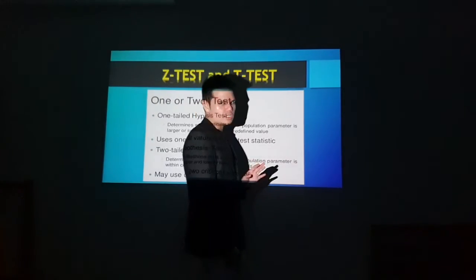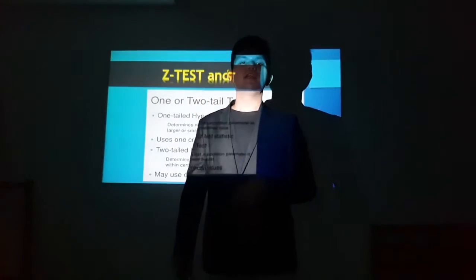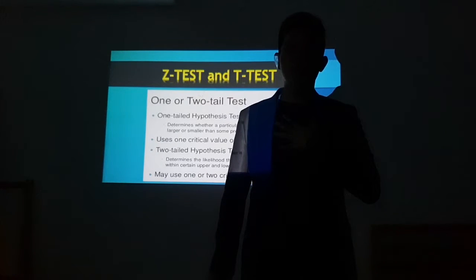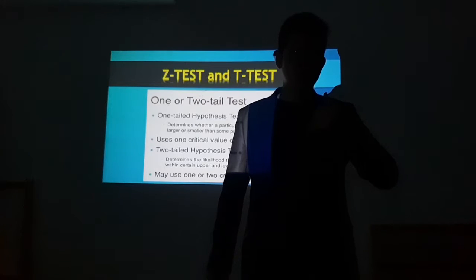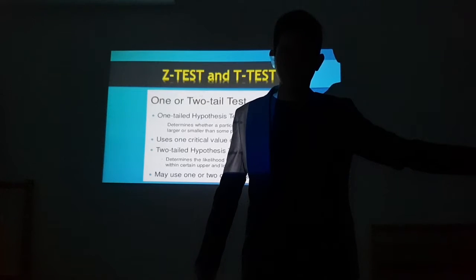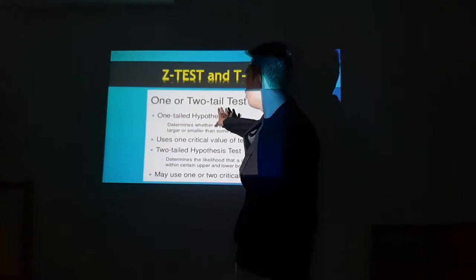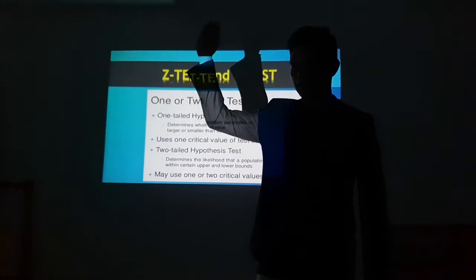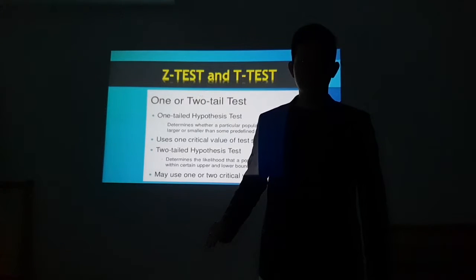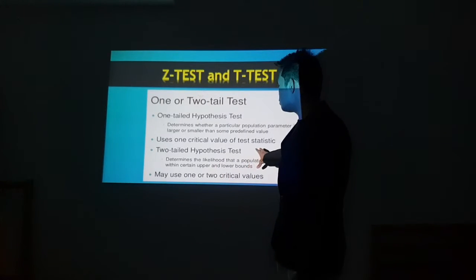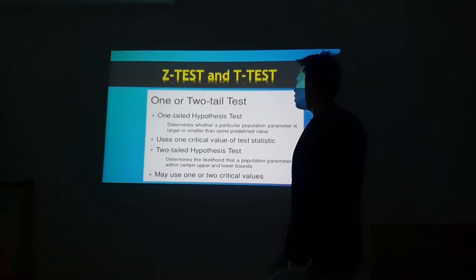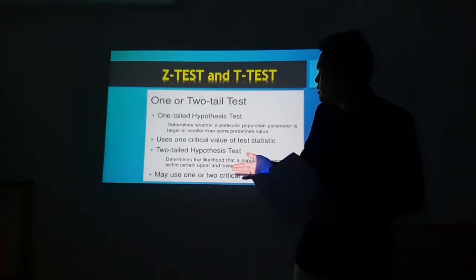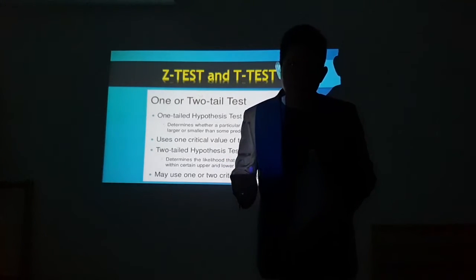To make this more understandable, I'll give you an example. Let's say I believe that I am more intelligent than any of my classmates. That is an example of a one-tailed hypothesis, because it's just either higher or lower. That's it. But what about a two-tailed test? It determines the likelihood that the population parameter is within certain upper and lower bounds.